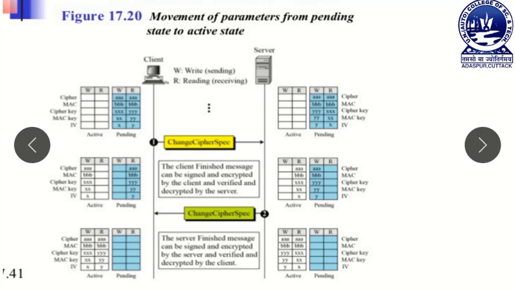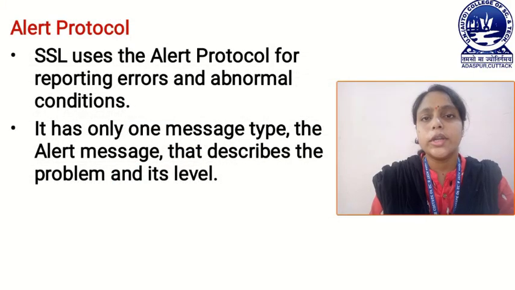In this way, when the server sends a message to the client, the server uses the write outbound parameter to encrypt the message, and the client uses the read inbound parameter to decrypt the message. This is the process of how the parameters are moved from the pending state to the active state in the change cipher spec protocol. Next, we discuss the alert protocol.